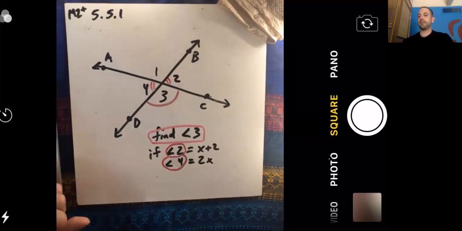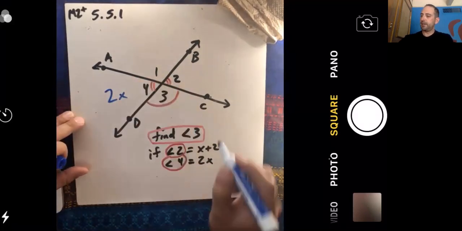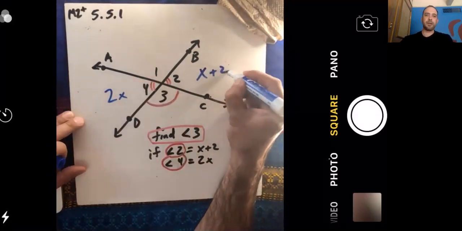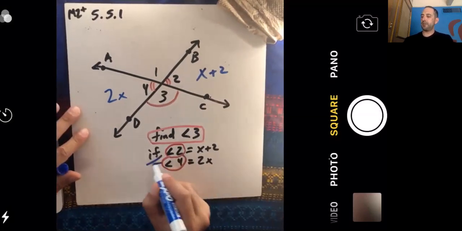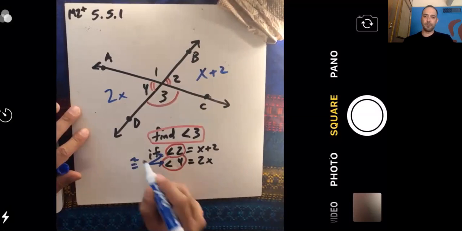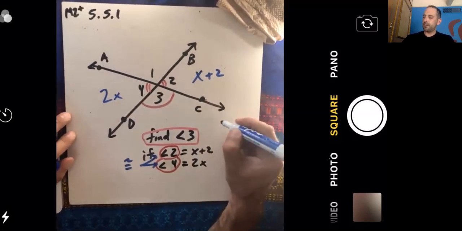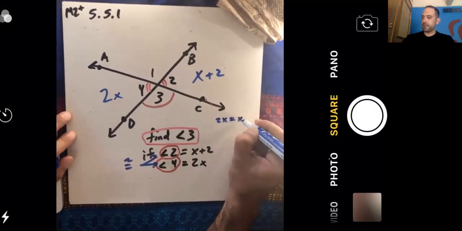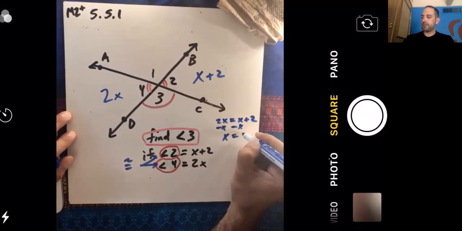So here's the thing. If angle 4 is 2x and angle 2 is x plus 2, since they're vertical angles, we know that these two angles are congruent. So we can make them equal to each other. 2x is equal to x plus 2, subtract x, x is equal to 2.